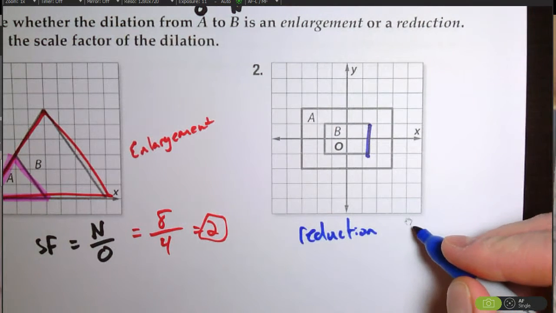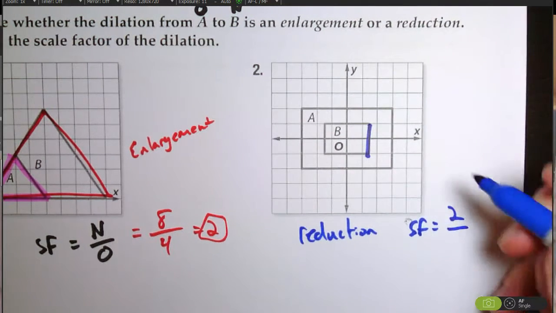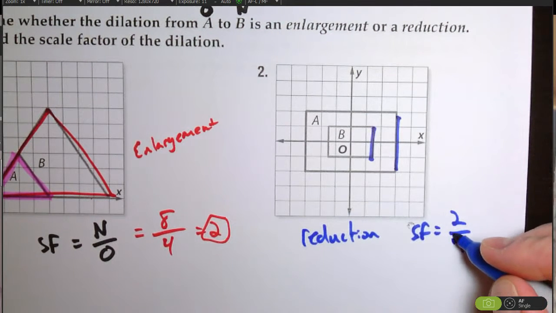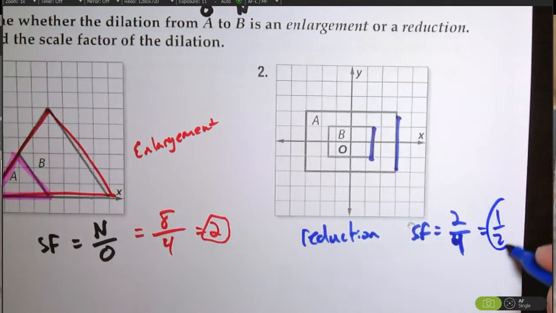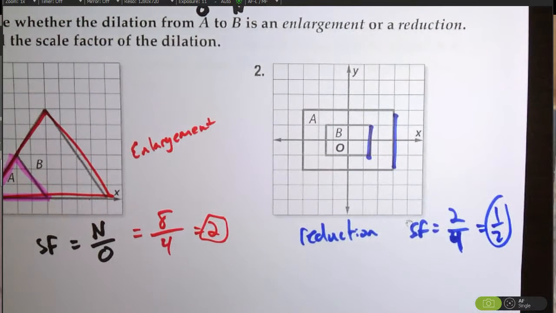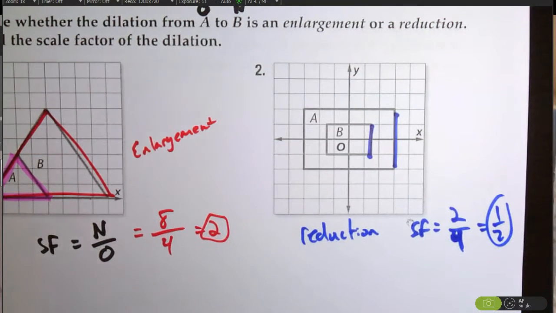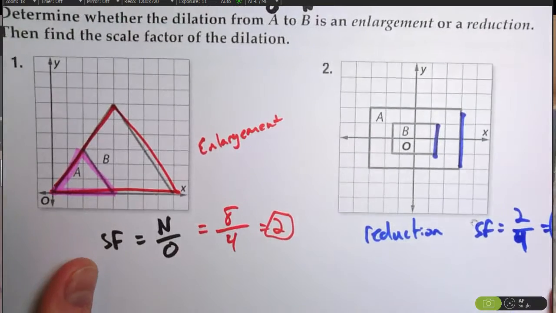It's 2. So the new length is 2, and the old length is 4, which reduces to 1/2. And that's another way to check too. Reductions get smaller and their scale factors are less than 1. Enlargements get bigger, their scale factor is bigger than 1. So there's 1 and 2. And that's the kind of general problem for the section.